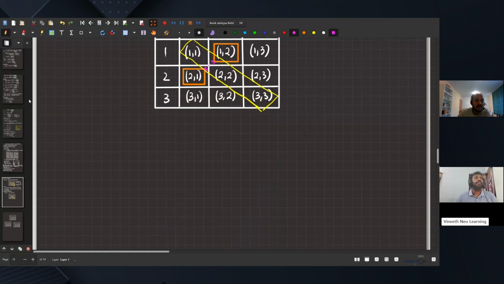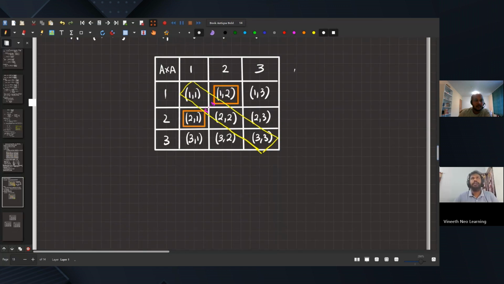More formally, let me write here: (1,2) and (2,1) are diagonally opposite pairs.